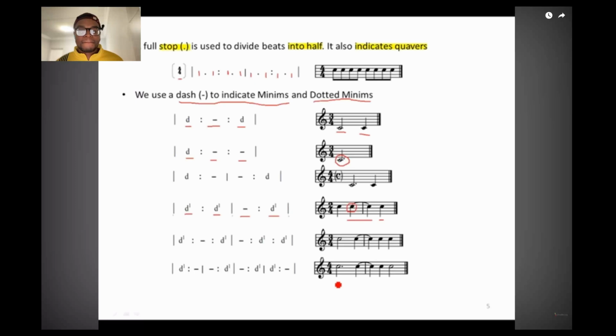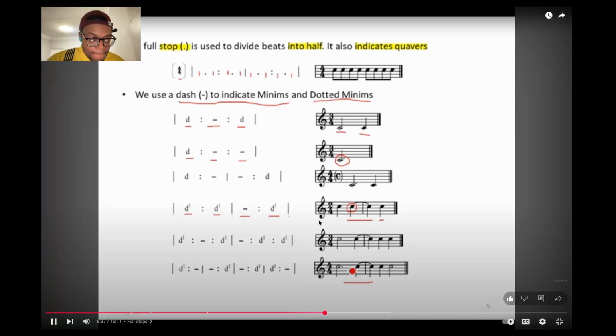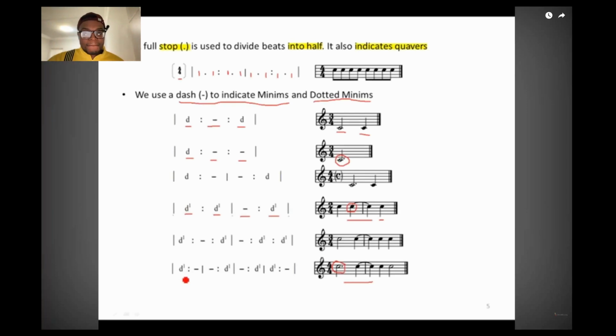Let's explore the last example where all of this is combined. We have the dotted minim, as we said. There is how we indicate the dotted minim.